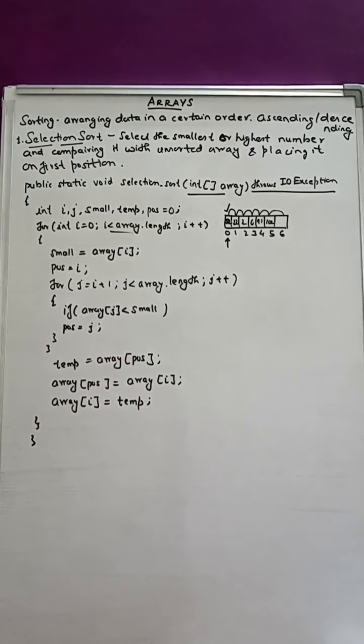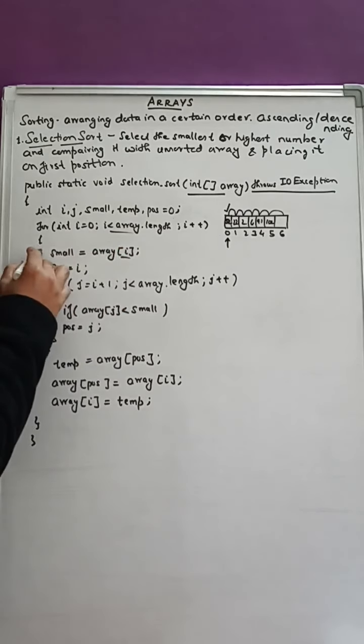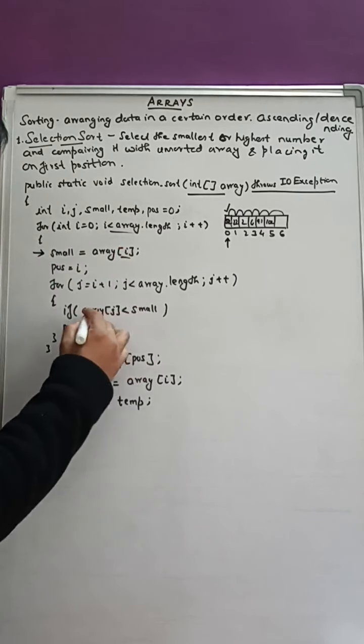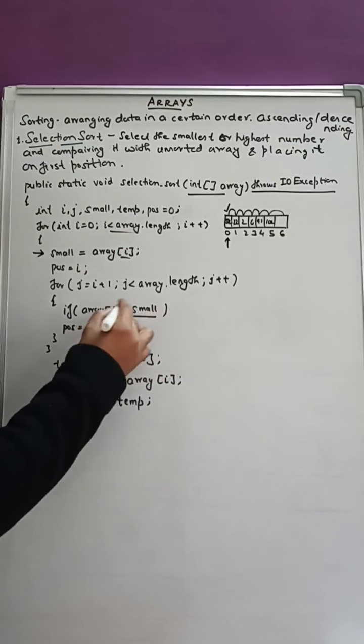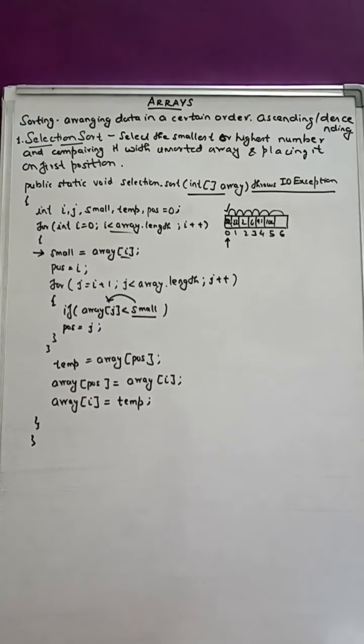So the comparing starts. On the 0th index, whatever element is there, we have placed it in the small variable. And we have checked it: array of j is less than small, and position we have saved.